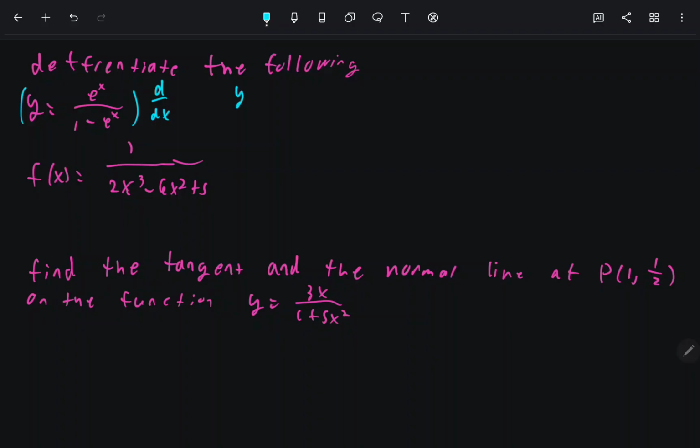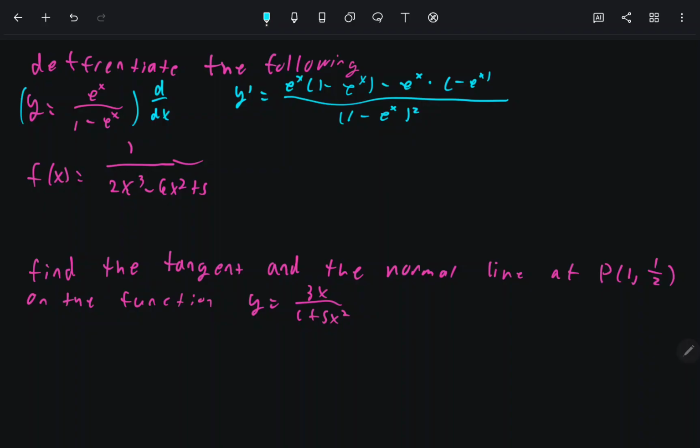So we get y prime is equal to, well, we have the derivative of the first, which is e to the x, times the bottom function, which is 1 minus e to the x, minus, well, we have the top function, which is once again e to the x, times the derivative of the bottom, which is negative e to the x. All of this is over 1 minus e to the x, squared.